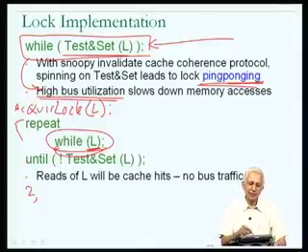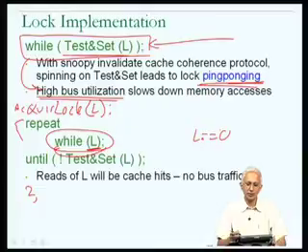Now sooner or later a process will exit from this loop because L will become equal to 0 when it is reset by another of the processors, and at that point in time it comes to its outer loop where it will attempt to test and set the lock. Remember that there could be many processes, as in our previous example there were 3 or 4 processes, all of whom were trying to acquire the lock.